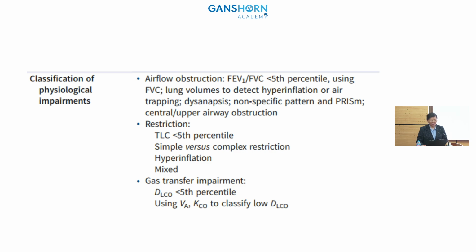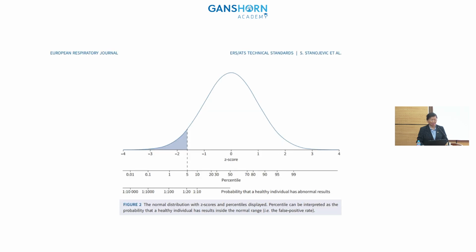Gas transfer impairment: we will use the diffusion capacity of the lung using carbon monoxide, and if it is less than the lower limit of normal, we also have to use VA, the alveolar ventilation, and the transfer coefficient, KCO, to classify low DLCO.